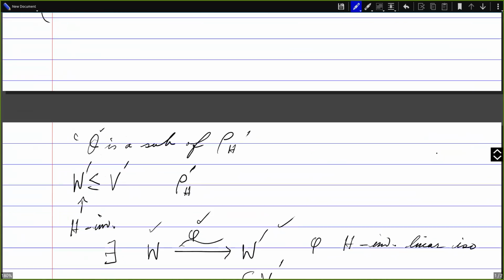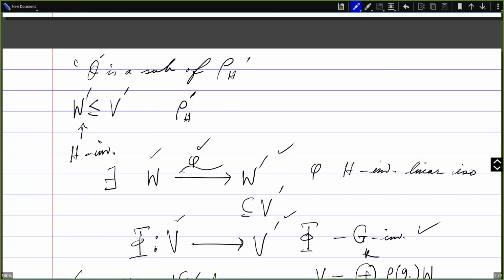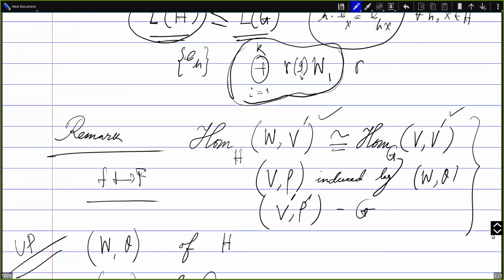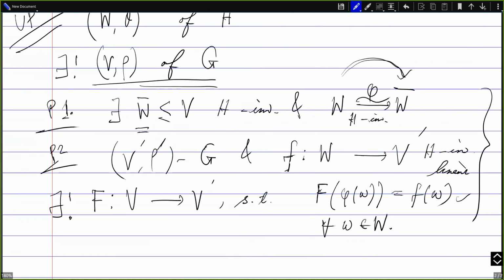This doesn't make any difference. So we have proved that the representation induced by (W, theta) satisfies these two properties.